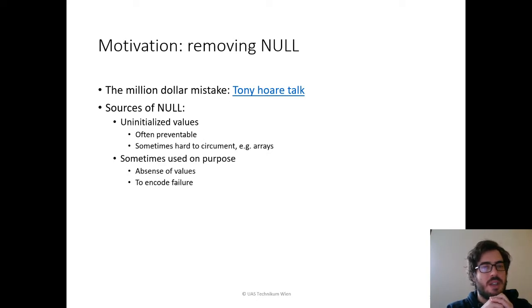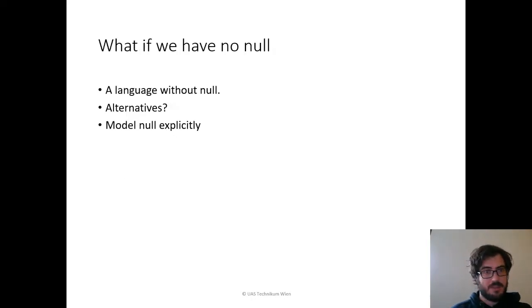However, all of those use cases should be circumvented by taking a different approach. In the next slides, we will present one basic approach, based on the type system, to get rid of nulls.